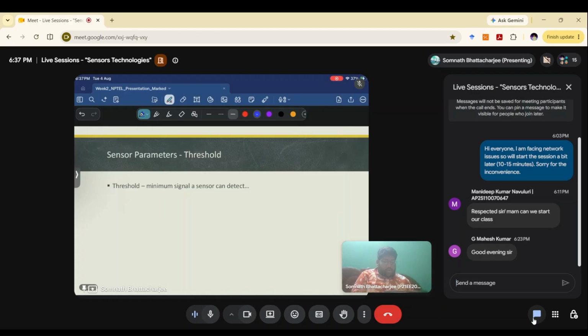So can anybody tell me what is the threshold of this sensor? Let's say everything is in psi, the unit is psi, and then what will be the threshold of this sensor? Write it in the chat box, or you can turn on your mic and say it.